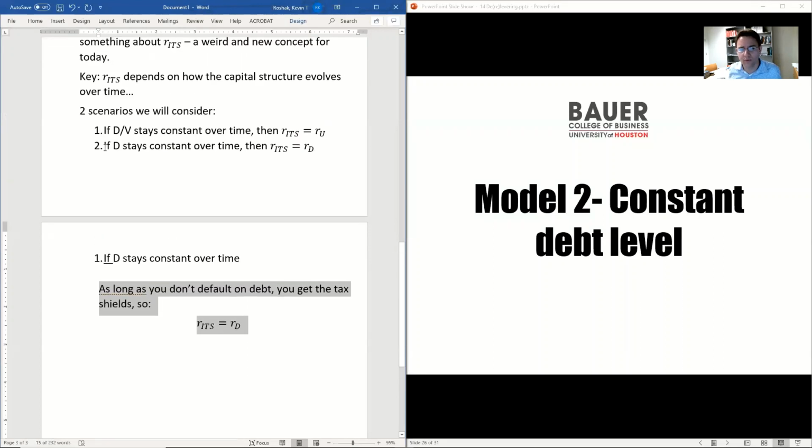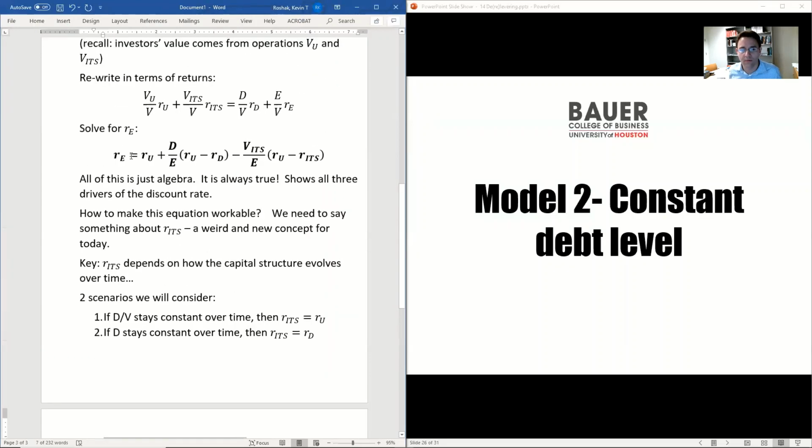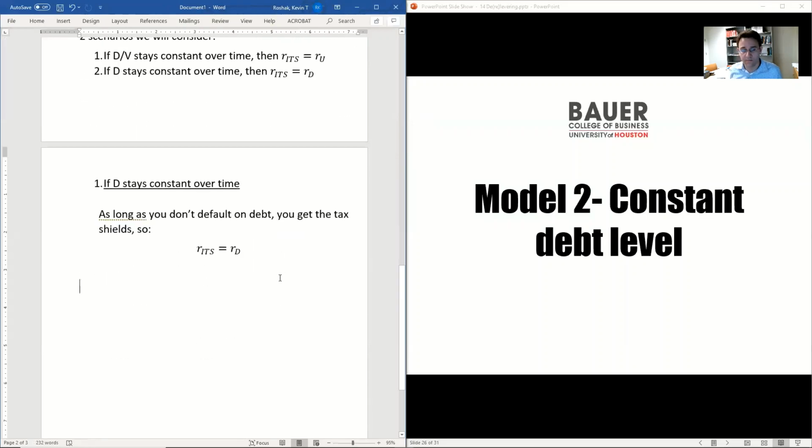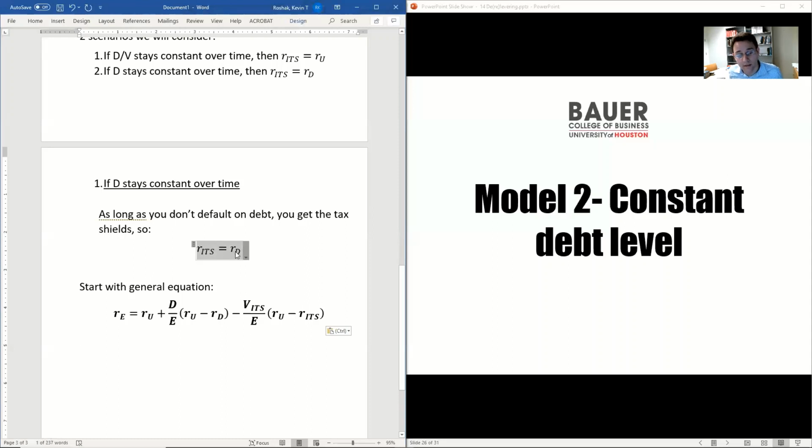Okay, so we've moved into the second scenario. How does that affect our delevering and our relevering? Well, we start with this very general equation, as always. And now what we're going to do is substitute the discount rate on the debt for the discount rate on the tax shields.